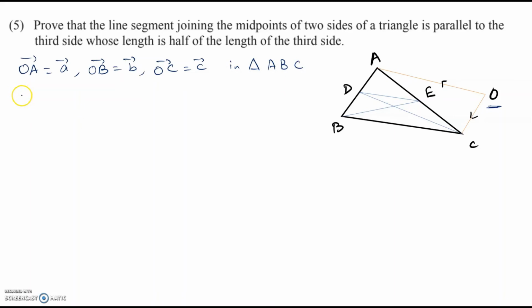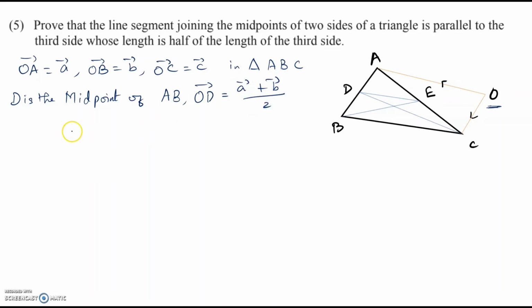Since D is the midpoint of AB, we can define OD as vector A plus vector B divided by 2. That's simple. Similarly, E is the midpoint of AC, so we can define OE vector as vector A plus vector C divided by 2.